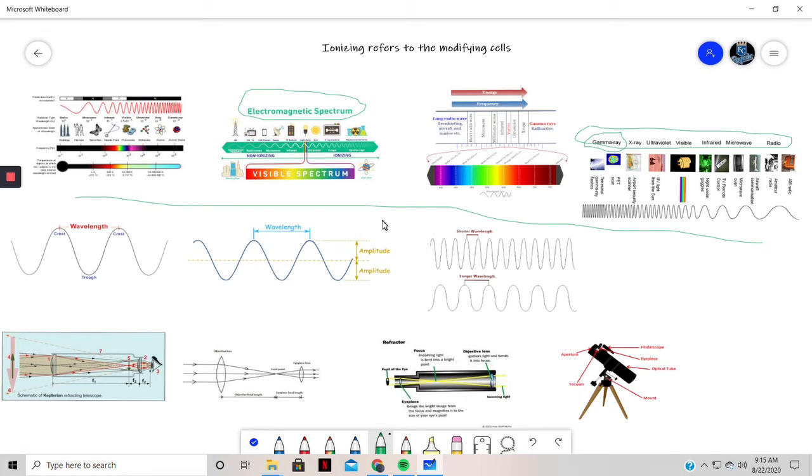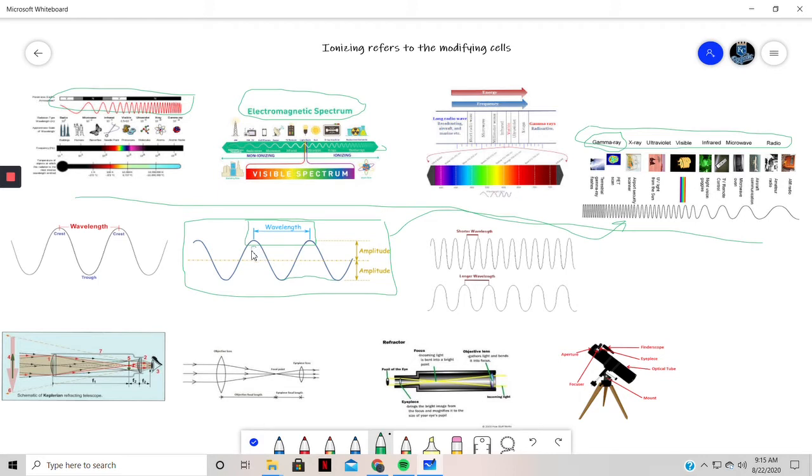We'll use this one, and then you can see these wavelengths kind of in this diagram here, and it's also right here, and also right here. So a wavelength is simply, you can see it right here, the distance between two crests, and you can also do it, the difference between two troughs.